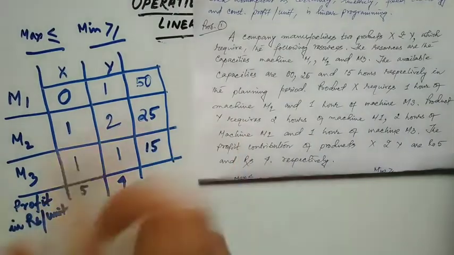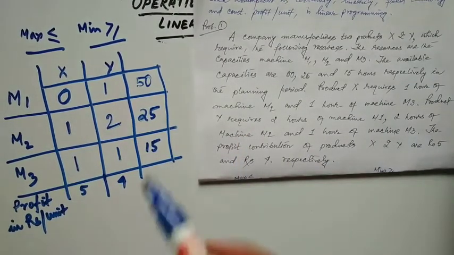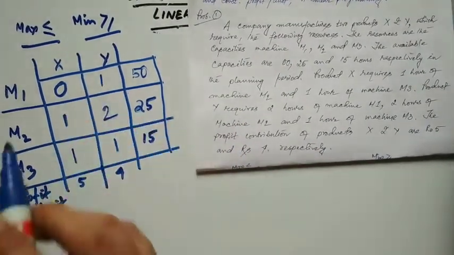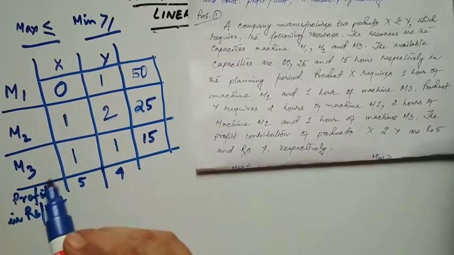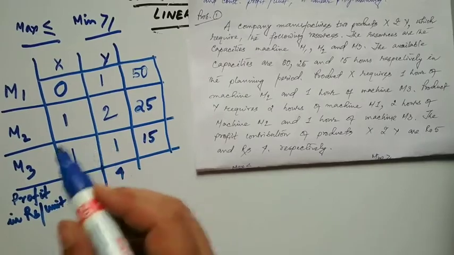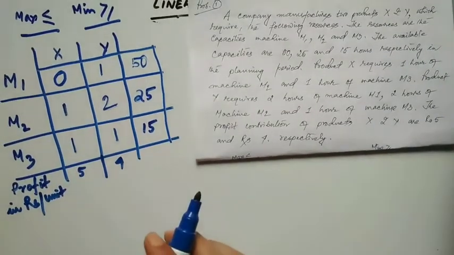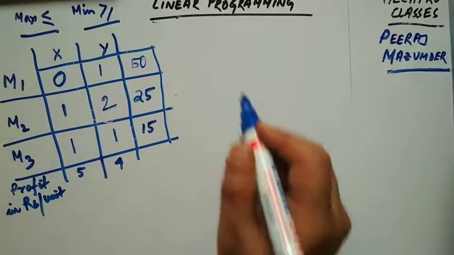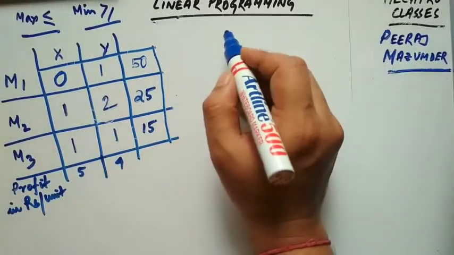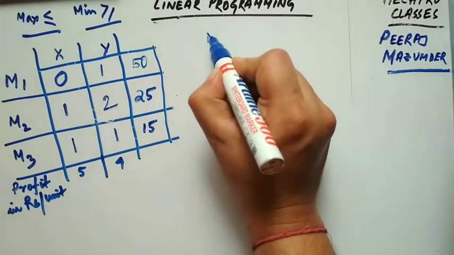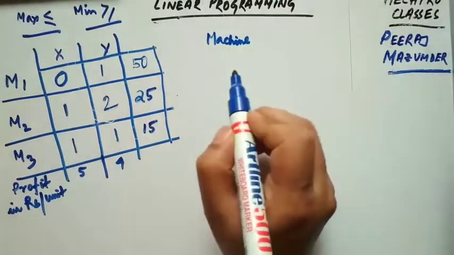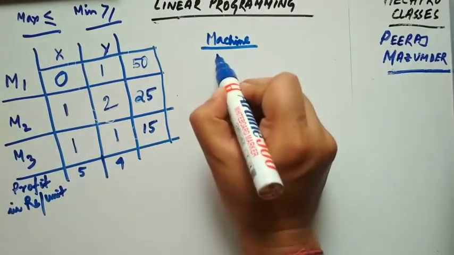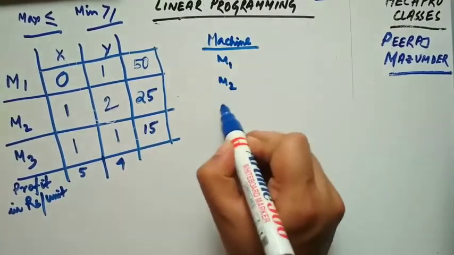Now, if you want to write it in a cleaner, more prescribed way, I will write it over here for you. You can write it like that. It is machine: M1, M2, M3.